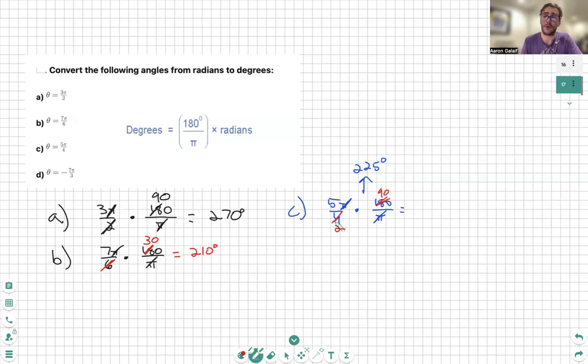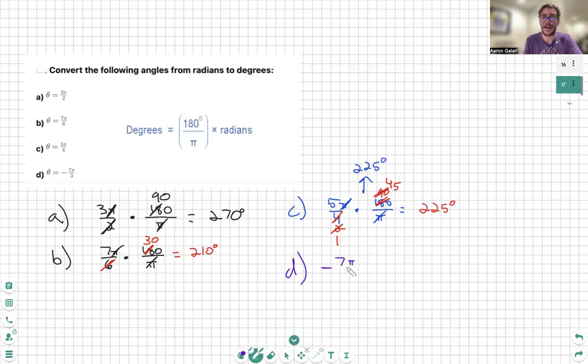We're left with 4 turns into 2. 180 turns into 90. Then I could do it again. 2 divided by 2 is 1. 90 divided by 2 is 45. And we can just do 5 times 45, which is 225 degrees. Very straightforward and easy stuff.